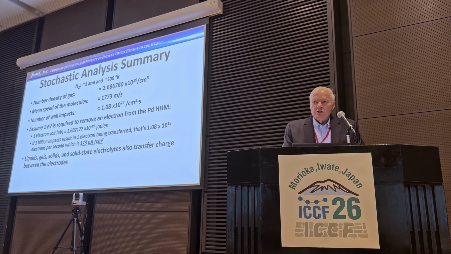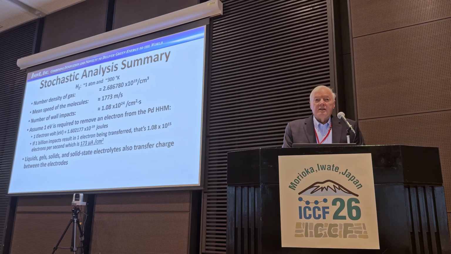And if it takes 1 billion impacts to knock off one electron, that will produce about 173 microamps per square centimeter. Now, recall back to the slide that I showed where we were producing about 700 microamps. That was for about a 4 square centimeter surface area.